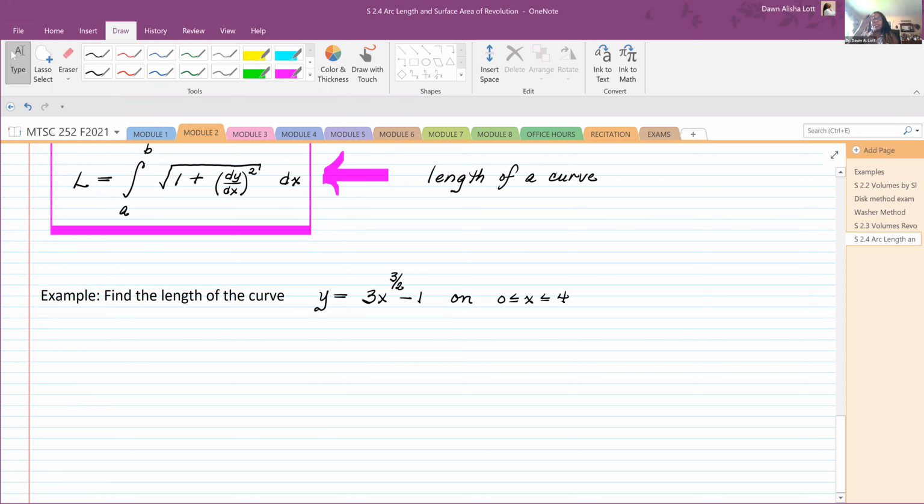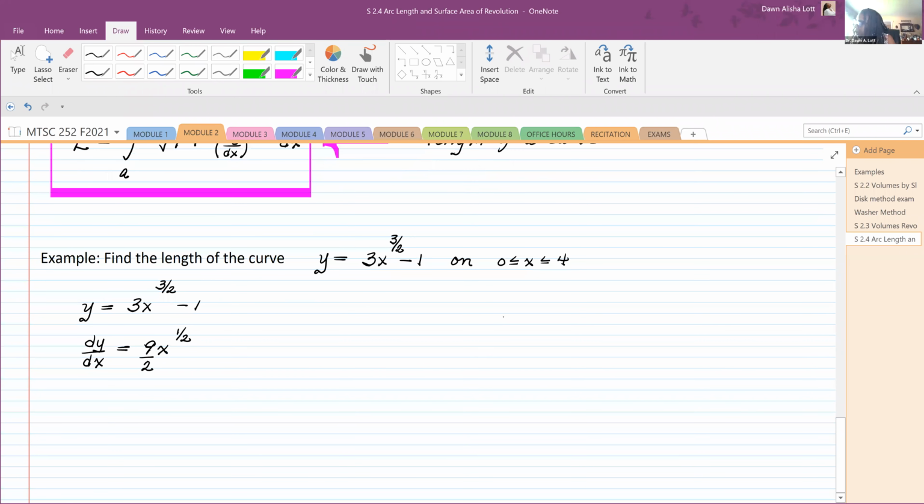To find the length of the curve, I need to find the derivative. I know y is equal to 3x to the 3/2 power minus 1. I need to find dy dx. So dy dx says take the derivative of that, and I get 9/2 x to the 1/2 power.